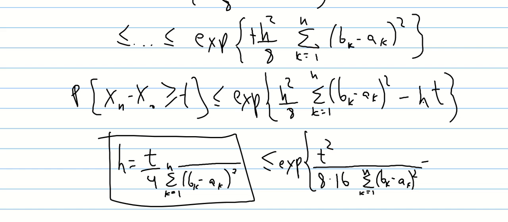And now on the other side, we have, again, t squared, because there's one t for h and another t here. In the denominator, we have just a 4. And this sum, which is not squared anymore.